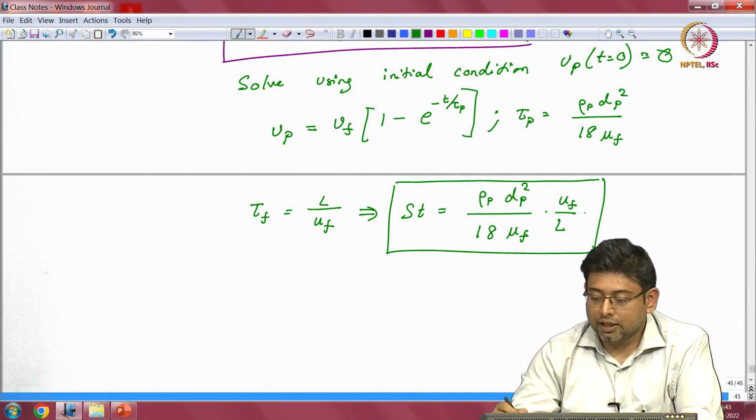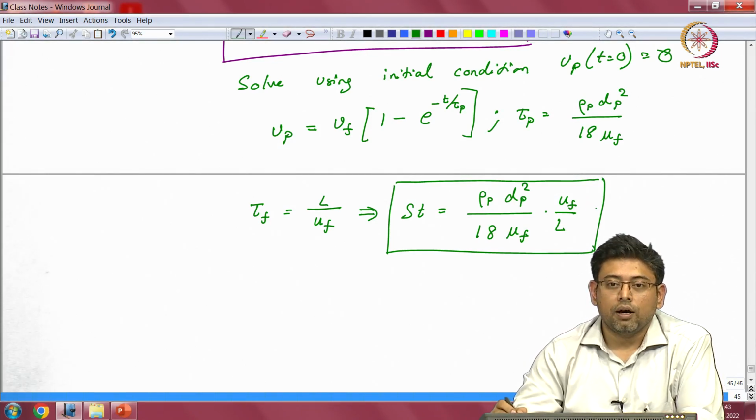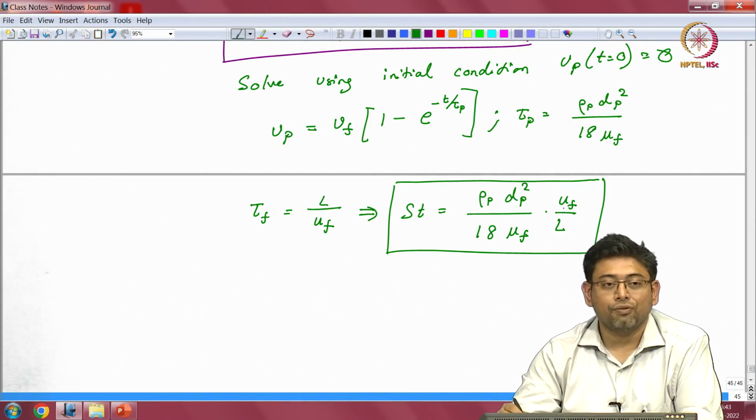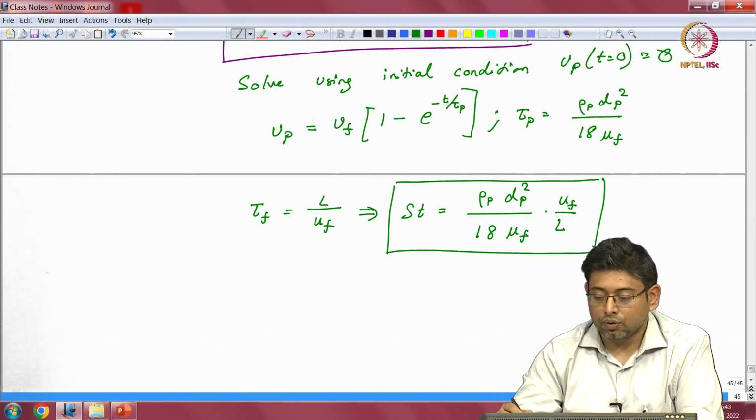So you can see that in the Stokes number, the approximate idea of the flow is already built in. That brings us to the question of how you know the velocity scale beforehand. You have to know what type of fluid velocity you will get even before you actually do the experiment.